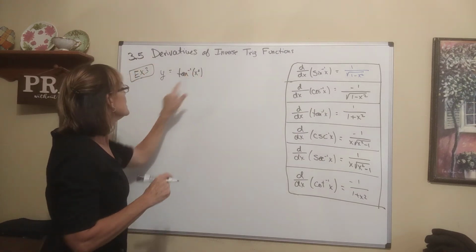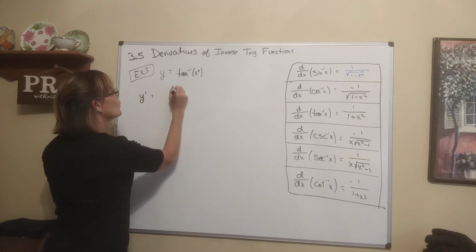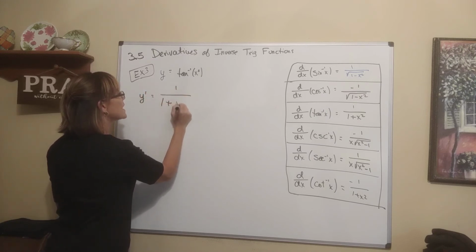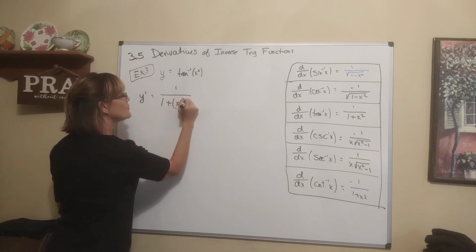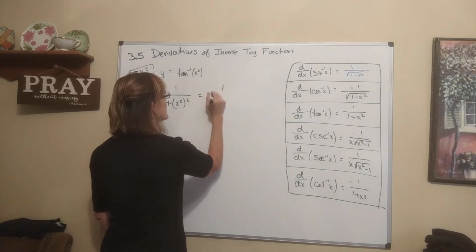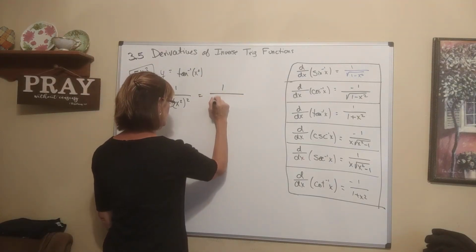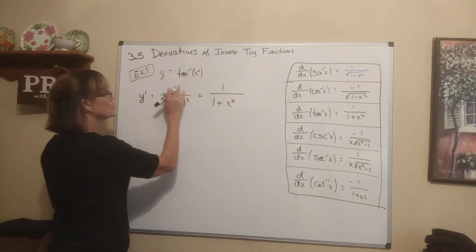So y prime is going to equal 1 over 1 plus x squared. But our x is not x, it's something more than that. It's x squared. So this is the derivative of that. This is 1 over 1 plus x to the 4th. Oops, I forgot chain rule, so let me try again.